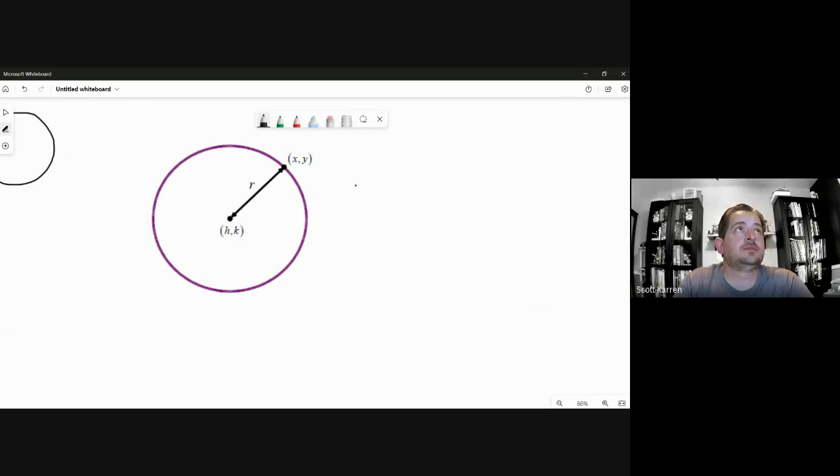A circle with a center at the point (h, k).